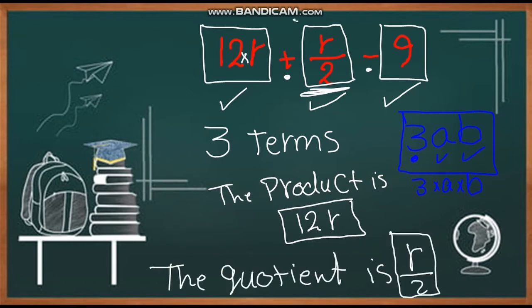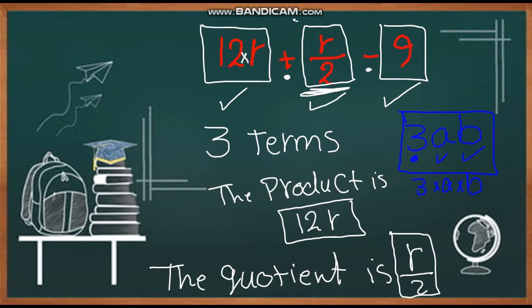Let's revise some mathematical vocabulary we used in this expression. But first, let's remember together how many operations are in this expression. We have 4 operations: multiplication, addition, division, subtraction. And how many terms? Remember with me the definition of terms. It's the part of the expression that is separated by minus or plus. So we have 3 terms: 12r, the second term r out of 2, the third term 9.